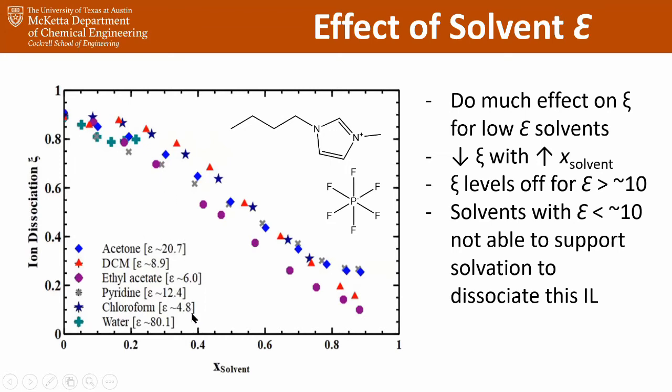But all the rest of these guys with dielectric constants 20 or less have decreasing ion dissociation with increasing solvent concentration. It looks like the ones that are above 10 may be leveling off. So if you look at the acetone and the pyridine, those two look like they may be leveling off and not going all the way to zero.